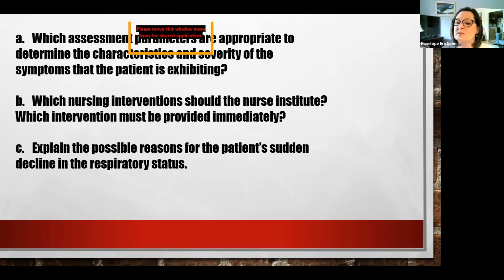We can use PCA devices where the patient has a button that they can push and there's a lockout every 10 minutes or however it's ordered, so that you can do a basal rate, so they have like 0.1 milligrams of morphine going in every hour or so, and then they're pushing the button to give themselves bolus doses.